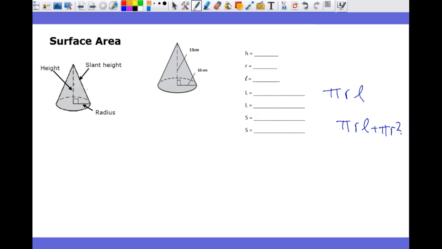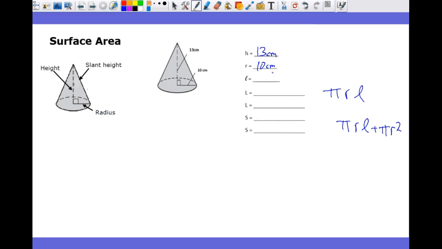The height here is easy to find. What's the height? 13 centimeters. Radius is also easy to find. What's the radius? 10 centimeters. Slant height is not 15 centimeters. We need to figure it out.